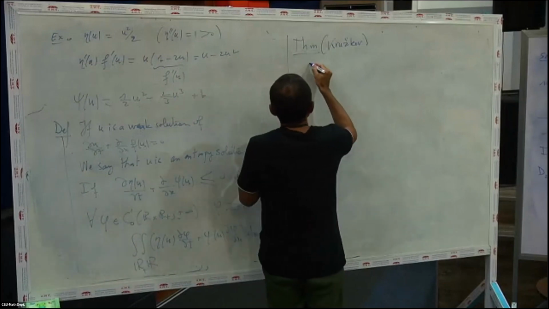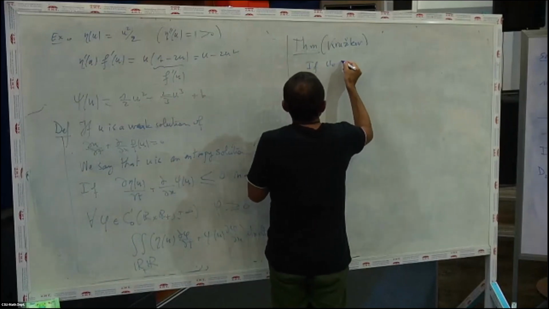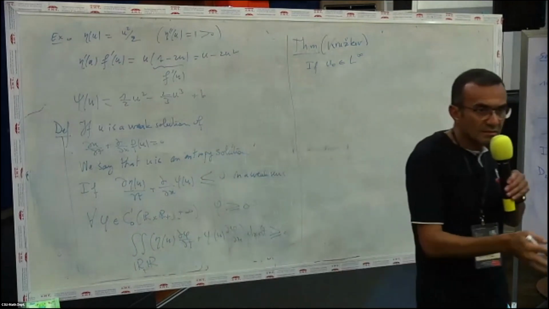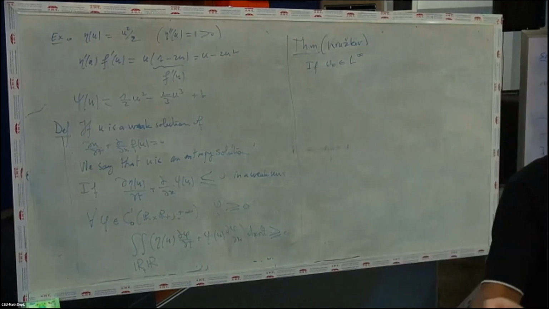So if u0, we take an initial condition which is bounded, for example u is bounded between 1 and 0, that's fine.